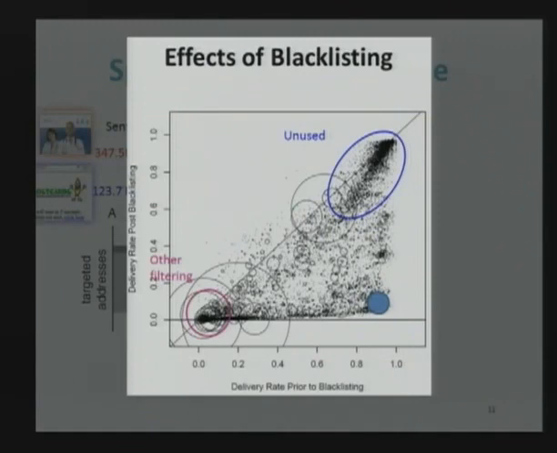Likewise, down here at the origin, you see that there's some other effective filtering going on for these messages. Both before and after an individual IP gets added to the blacklist, the delivery rate is at or close to 0. This is where there's some other effective way for the email providers to filter the mail coming from the Storm botnet.